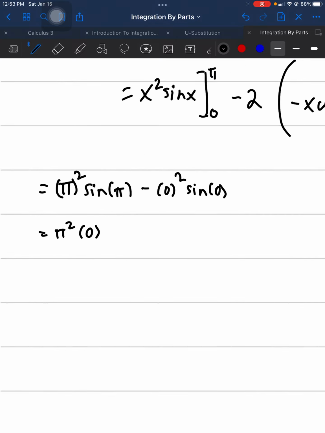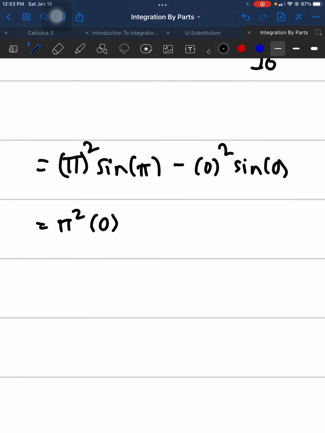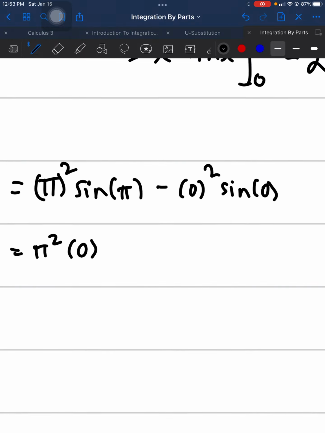You're going to see a lot of problems like this where you're going to have to evaluate trig functions. So you should definitely try to memorize the trigonometric tables and the unit circle and get acquainted with the unit circle, because you're just gonna have to use that when you're solving integration problems or differentiation problems.